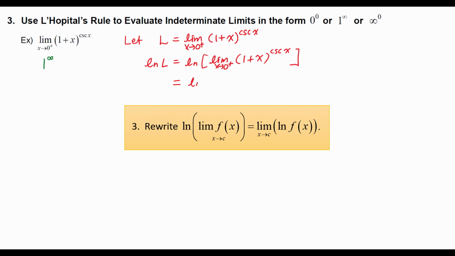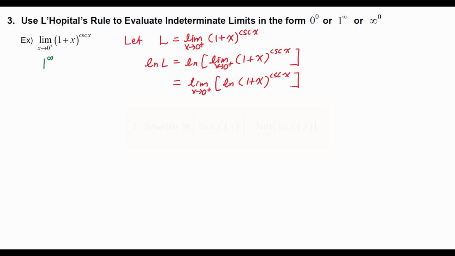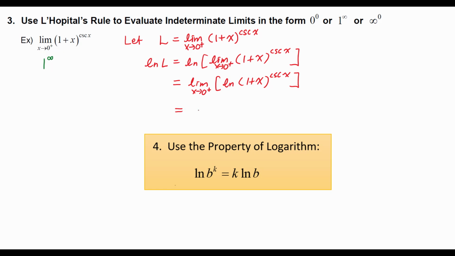So you have the limit now as x approaches 0 from the right of ln of 1 plus x to the cosecant x power. So then this is equal to the limit as x approaches 0 from the right. Remember, we're taking ln so that we can bring the power down. And you're going to have cosecant x times ln of 1 plus x.